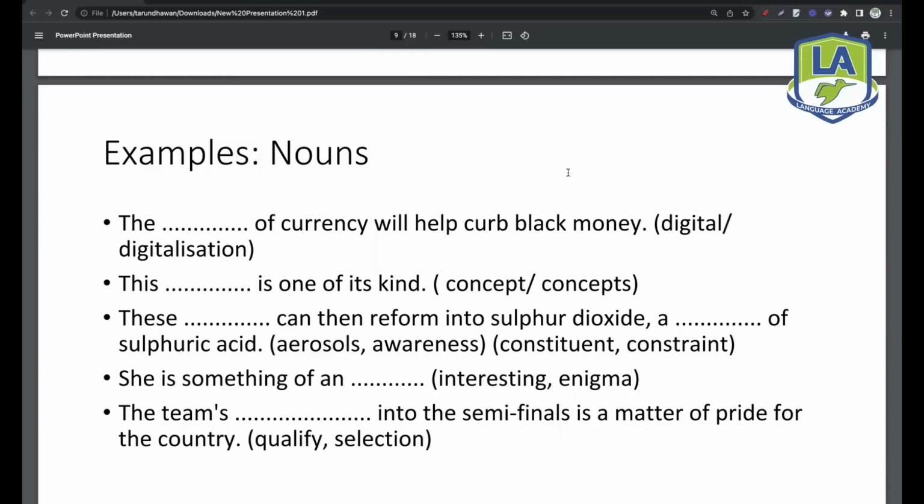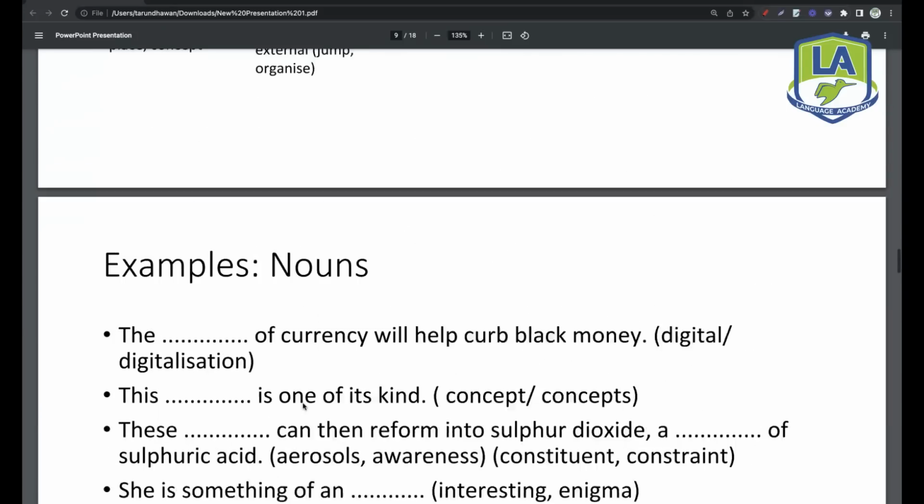Whenever you have a blank between the and of, you have to fill a noun in that case. A blank after this, that, these, those, you need a noun in that case. A blank after a and the, you need a noun in that case. And a blank after apostrophe, we need a noun in that case.